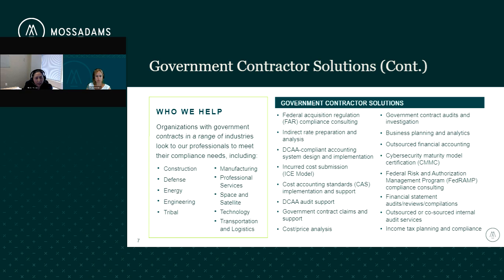For cybersecurity, we have a whole IT group that does just that. They've been working with contractors for a long time and are very much on top of the new CMMC requirements. So I'm pointing out that we have resources throughout our firm that can help, not just the two of us here, but other partners and senior managers in the firm in some of these areas.